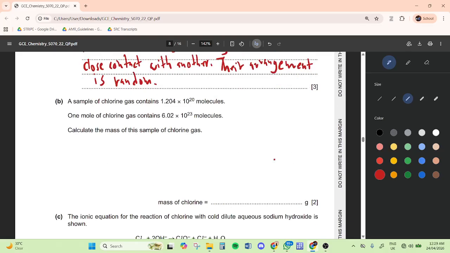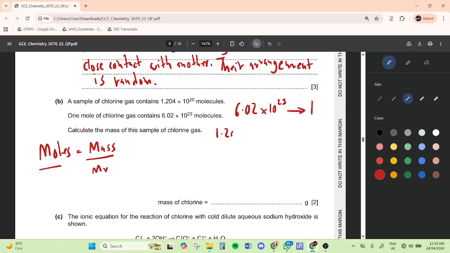A sample of chlorine gas contains 1.204 × 10^20 molecules. 1 mole of chlorine gas contains 6.02 × 10^23 molecules. So moles is equal to mass by Mr. First we need to find out the moles. The way you're going to do this is the unitary method. 6.02 × 10^23 gives you 1.